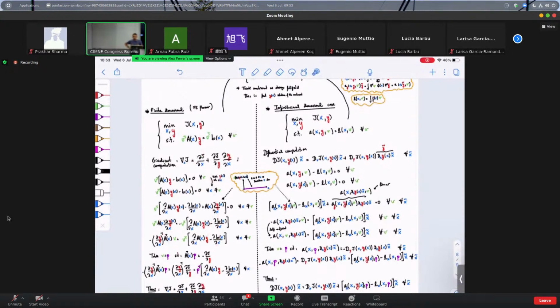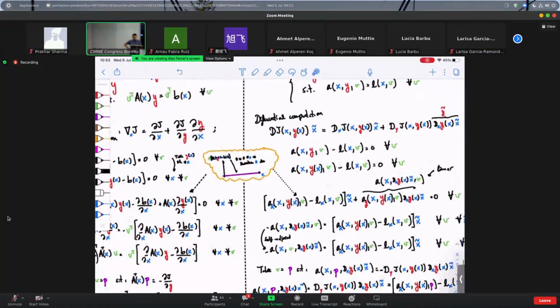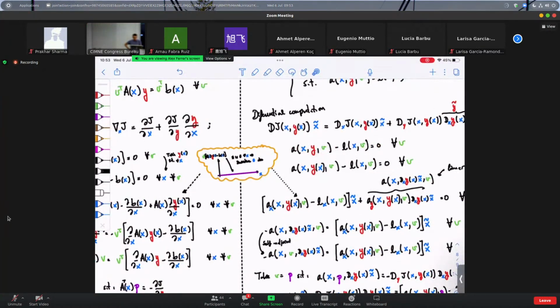It's easy to explain here, but more difficult to explain in continuous form. So I put the same colors just to see what are the same things. So y here is an operator, it's a function. x is also a function. Here you see a typical PDE equation. Okay.